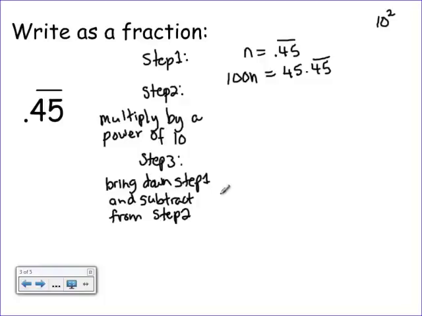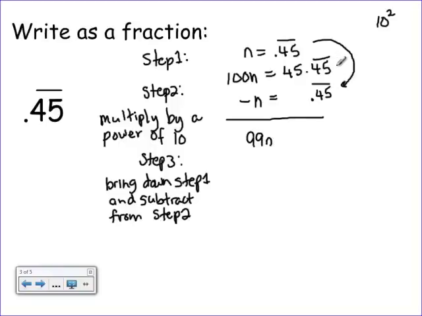Okay, step 3. Bring down step 1. Okay, so that means I'm going to bring this down. n equals, I'm going to line up my decimals, and I'm going to subtract the 2. 100n take away n is 99n.